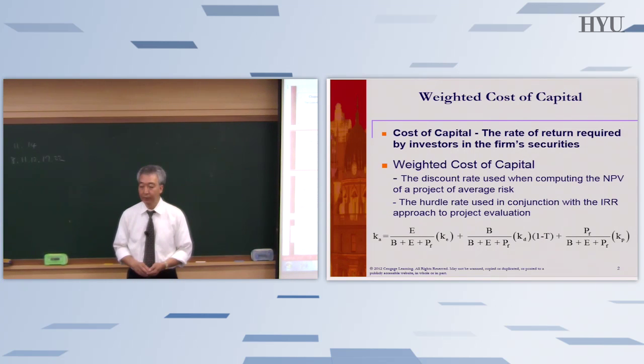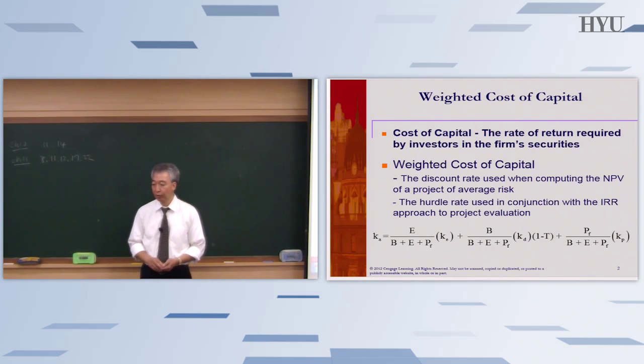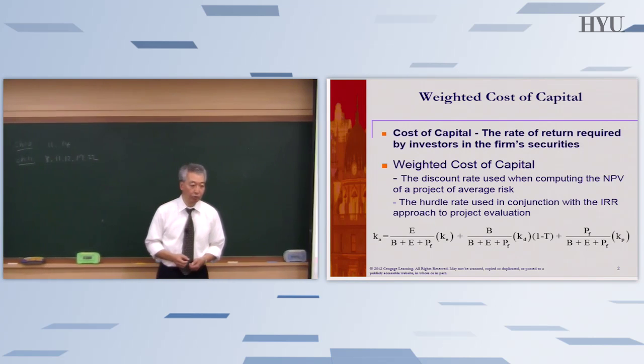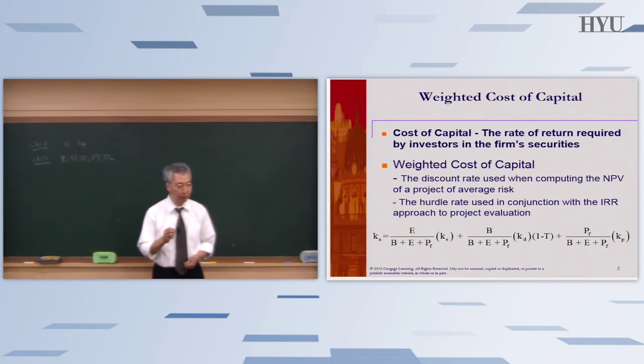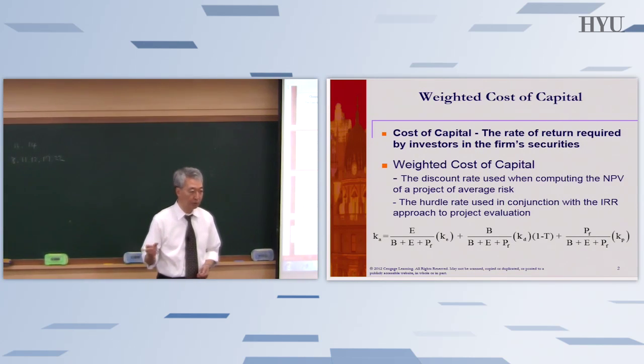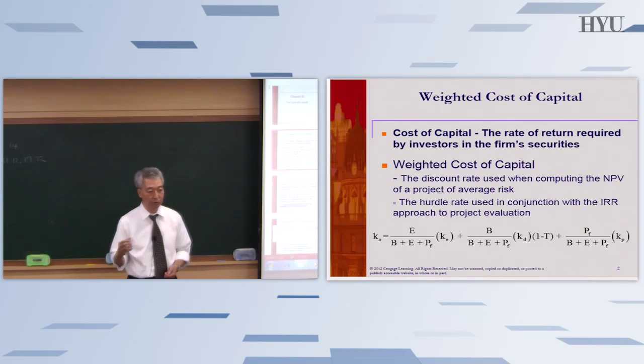One of the important components in all this analysis was the discount rate, because in essence, in any project we expect future cash flows, okay? And to evaluate the present value of those future cash flows, we had to discount those future cash flows, right?